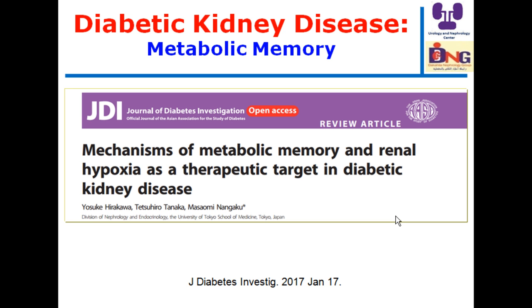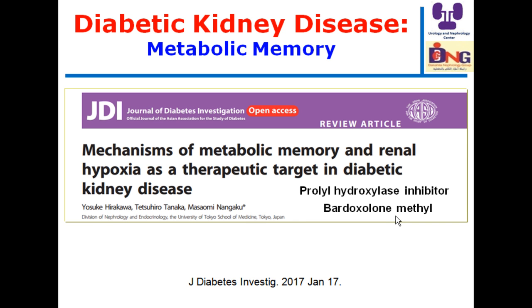Currently there is a shifting paradigm to think of hypoxia and treat hypoxia. Prolyl hydroxylase inhibitors, a class of drugs used in management of renal anemia, are being considered to target hypoxia and manage the metabolic memory.